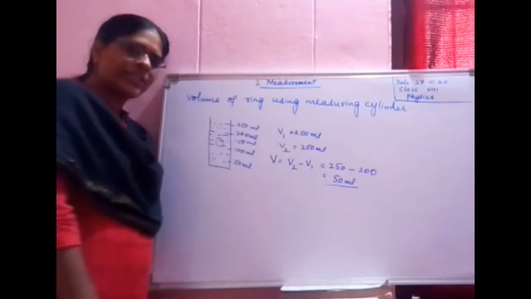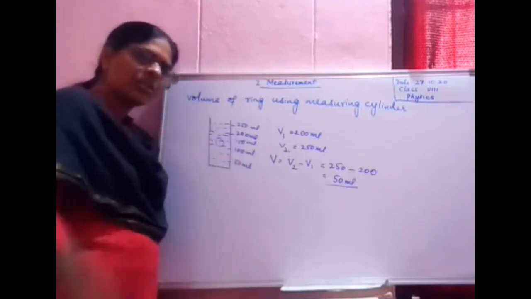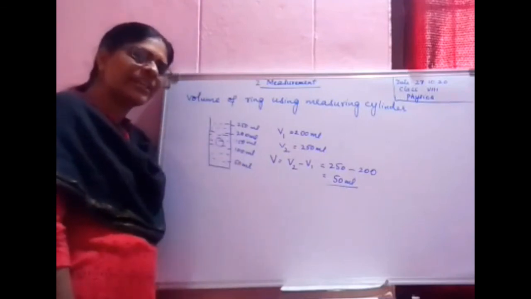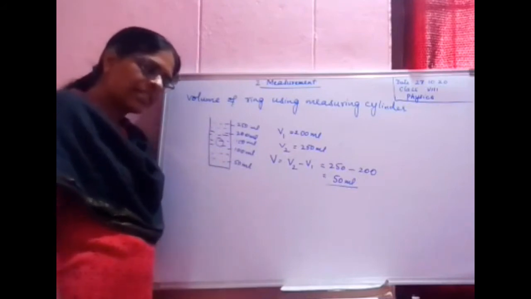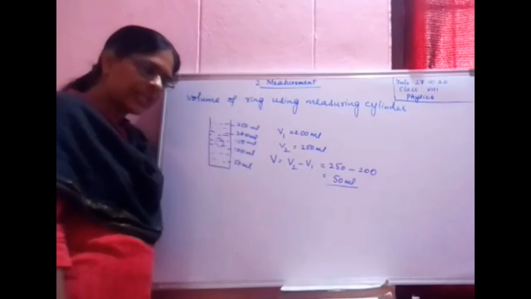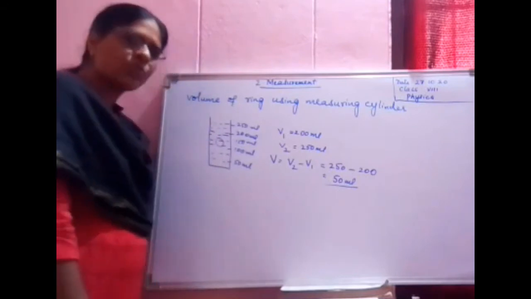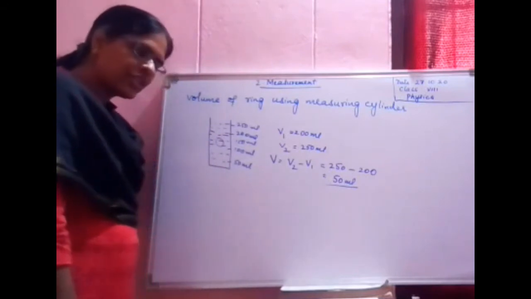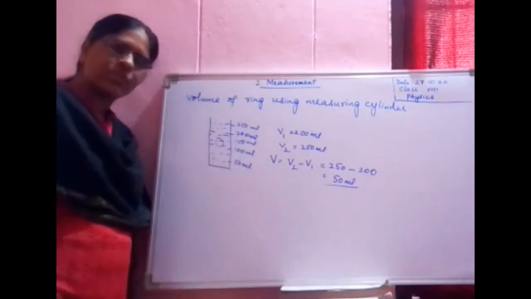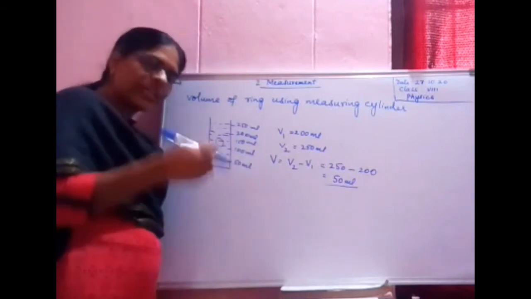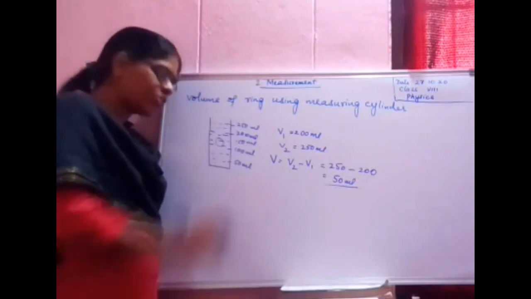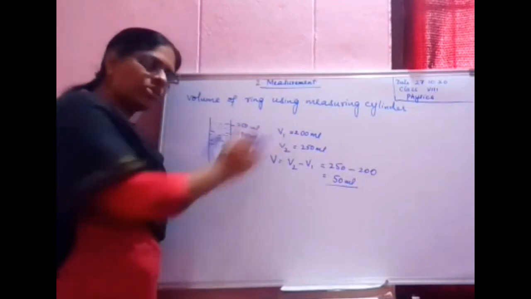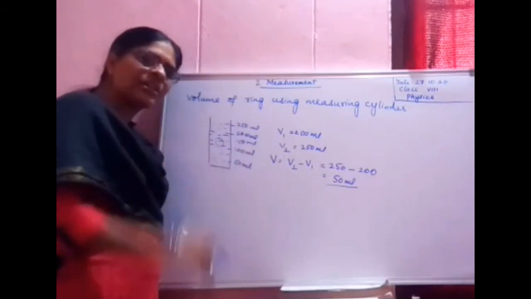In 2.3, what is he doing? He is filling the cylinder with water. After filling, he has placed it on the top of the table at room temperature. Next, in 2.5, he is noting down the initial volume, up to which mark the liquid has come.